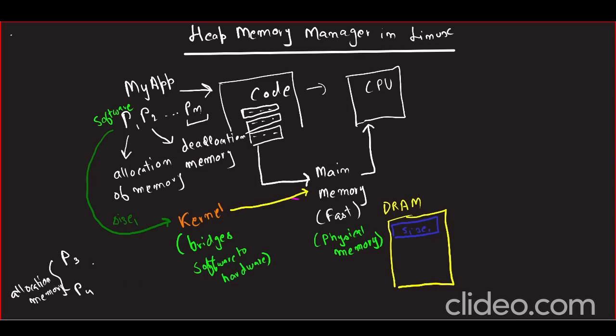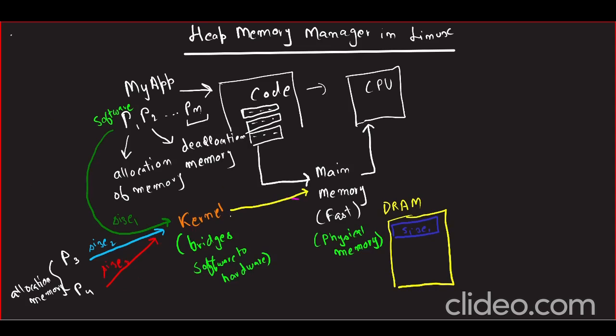Right? So they both will reach out to the kernel and say, hey dude, can you allocate some memory for us, like size 2? Similarly, P4 will also reach out and say, can you also allocate some memory for me, size 3. The kernel will say, okay, I can do that, of course.